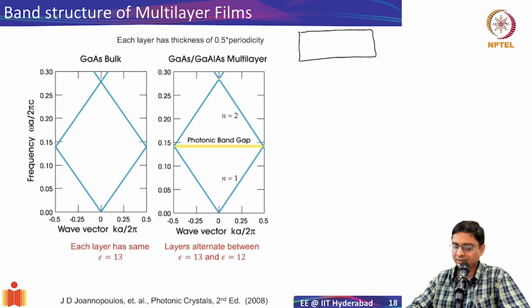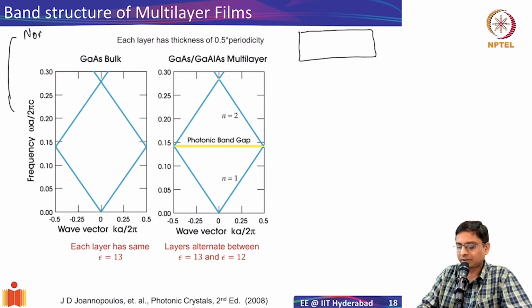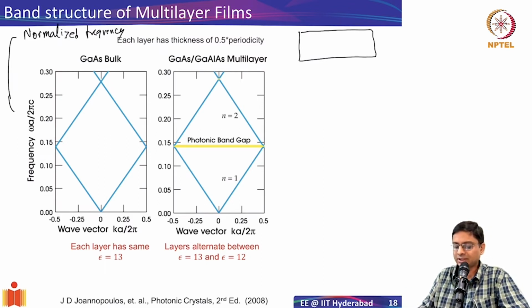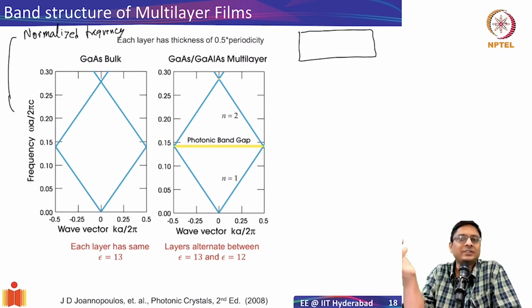This is called a normalized frequency. The idea is that Maxwell's equations are scale invariant.